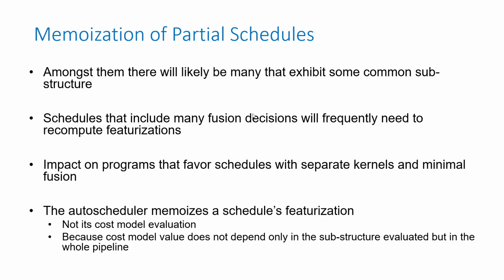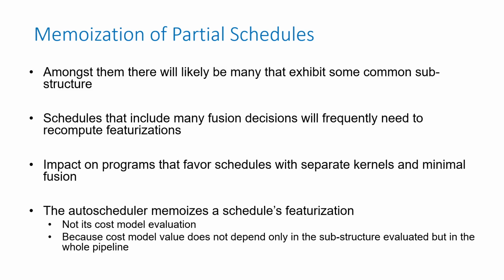The purpose of memoization is to avoid doing recomputations, and it is done at the featurization part, when you're about to use the cost model, because for a particular schedule pattern, the featurization is going to be the same. So to avoid recomputing it, they just store it. This is going into the trade-off of memory versus runtime.